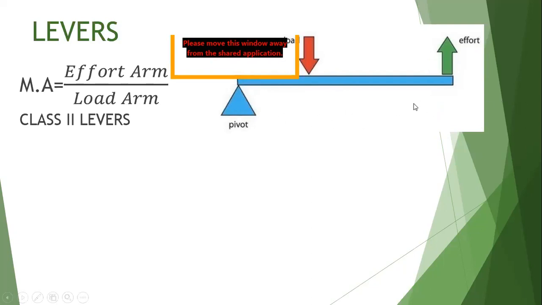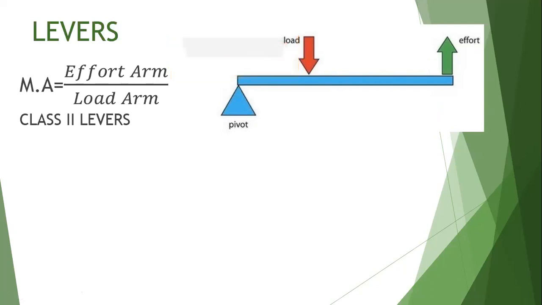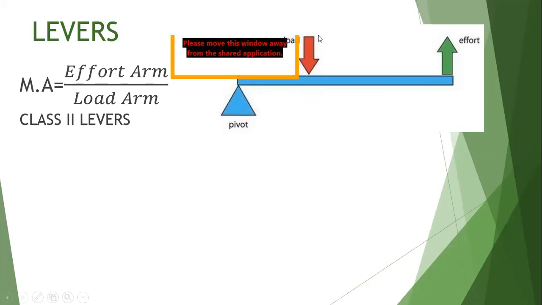Wherever you find that arrangement, such levers are called class 2 levers. Remember what we observed in class 1? The fulcrum was in between the load and the effort. Here you find the load is in between the fulcrum and the effort.